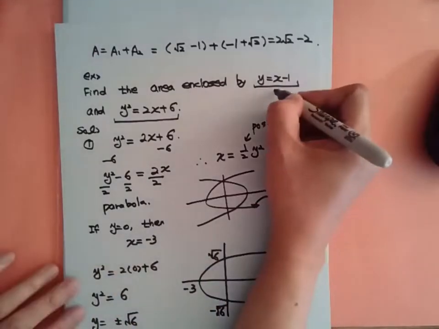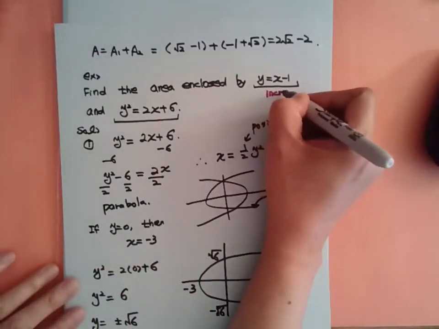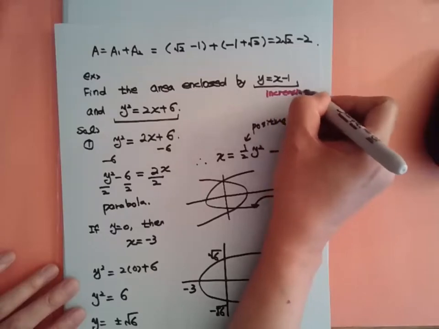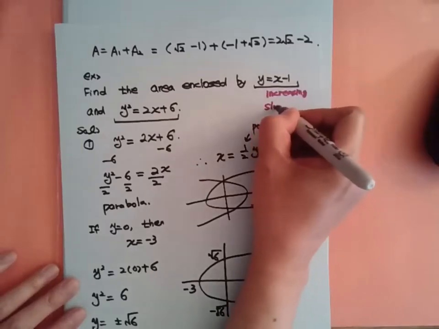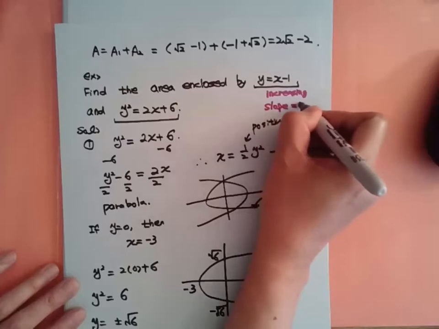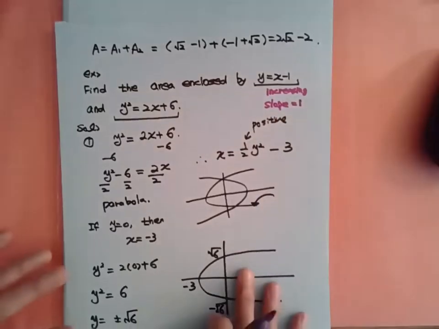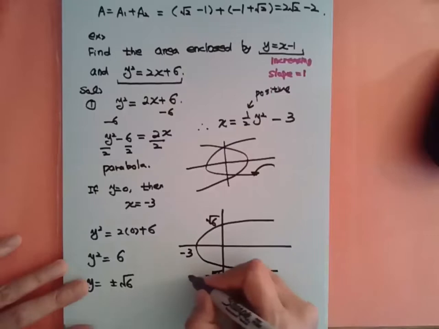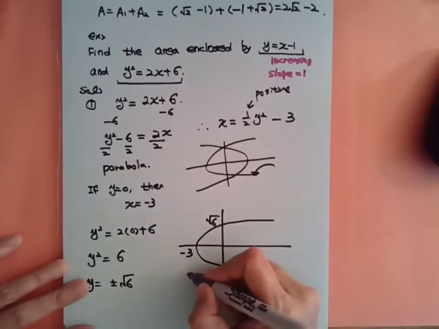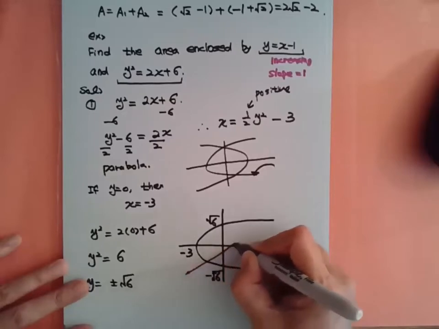And we know that this function is increasing, and the slope equals 1, right? So it should look something like this.